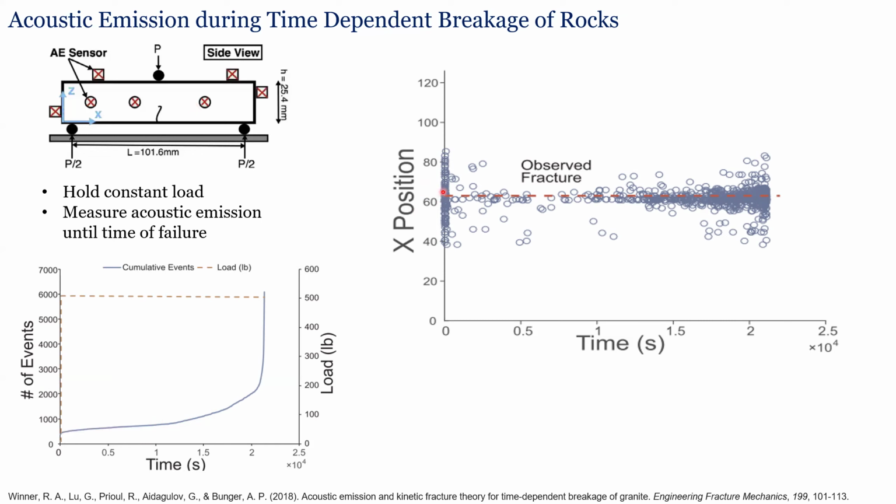The eventual observed fracture is here in the red dashed line. We see when we first load this burst of events, and then there's this kind of depletion. And then there's a turnaround where the rate begins to pick up again. You can see the rate increasing just by your eye, by how dense these events are in time.